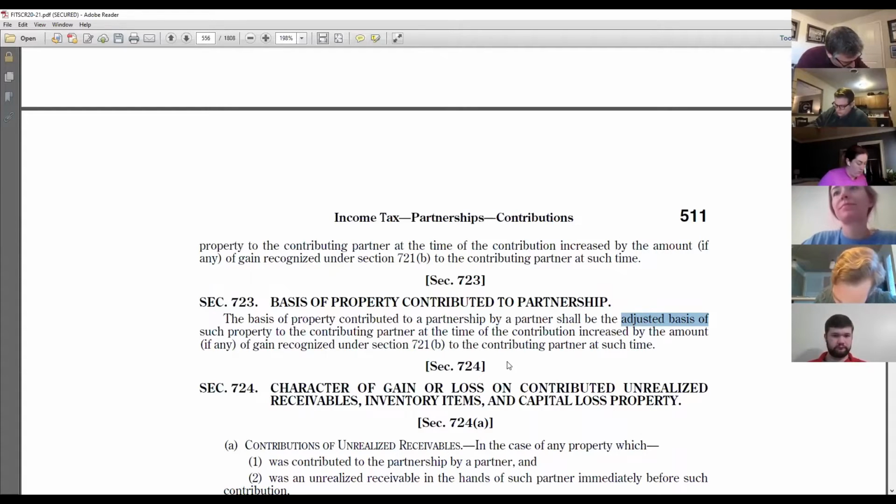Again, 721(b) rarely applies, and we don't cover it in this class, and so it's just a carryover basis again, or whatever the basis of the property is in the contributor's hands, that becomes the partnership's inside basis. And that preserves the built-in gain of the asset. So if the asset had $100 of built-in gain before it was contributed, in the partnership's hands, it has $100 of built-in gain.